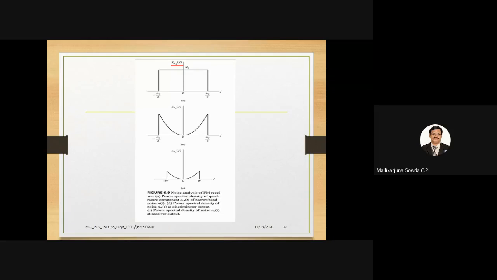This is at the input of the discriminator, and this is at the output of the discriminator. Then we pass this through a baseband low pass filter having a bandwidth of plus W and minus W. This is how we get the output power spectral density of the noise appearing at the receiver output. So these three things are fine, I feel.